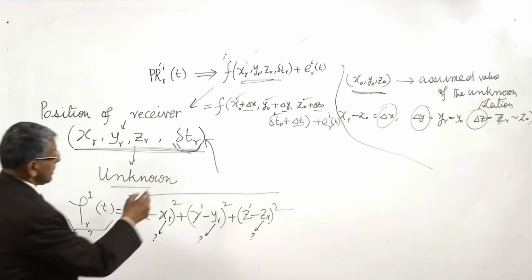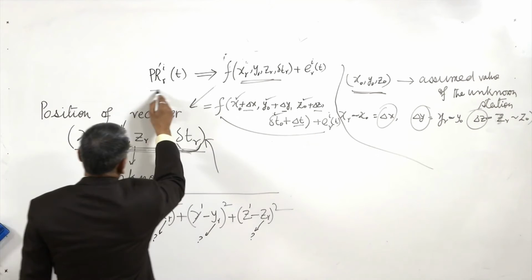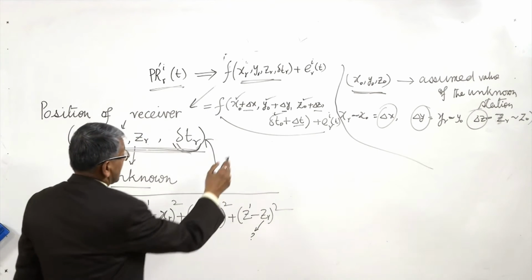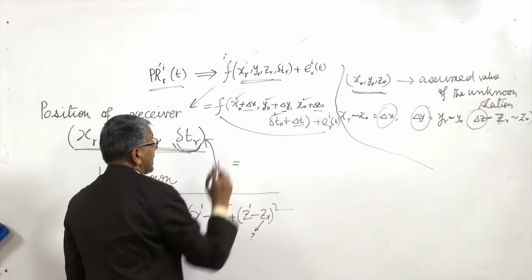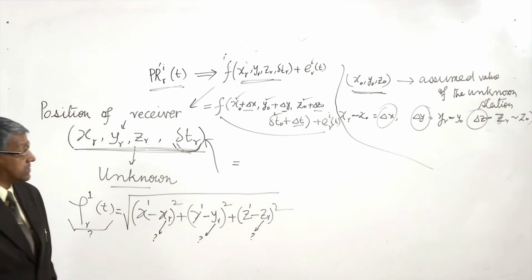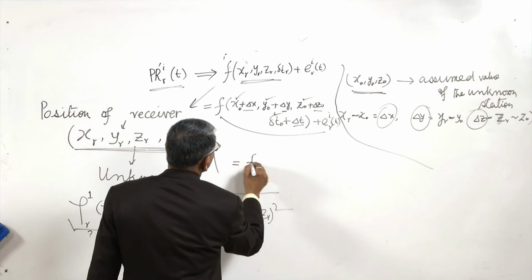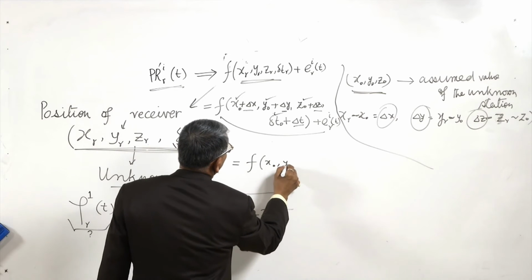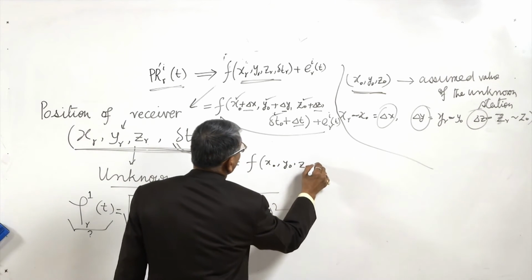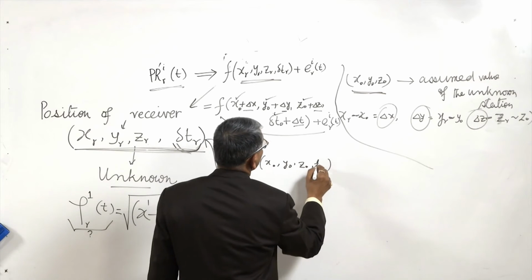Now the relation of that modified pseudo range is this, and we can make use of Taylor series. All of you know that this will be at x0, y0, z0, del t0.